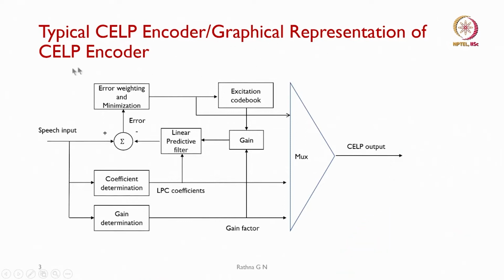So, how does the graphical representation of the CELP encoder look? What we have is a speech input, and then error weighting and minimization. Whatever error is generated, we try to minimize it, and this minimized error is fed into our excitation codebook, and the same minimized error is going to be transmitted.